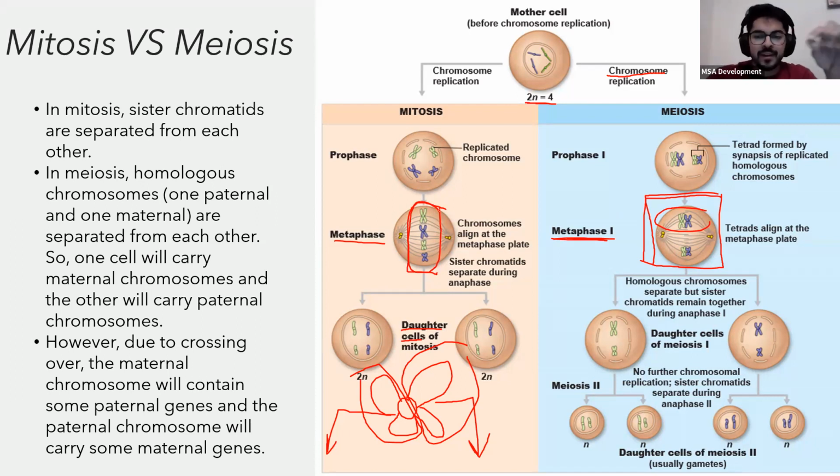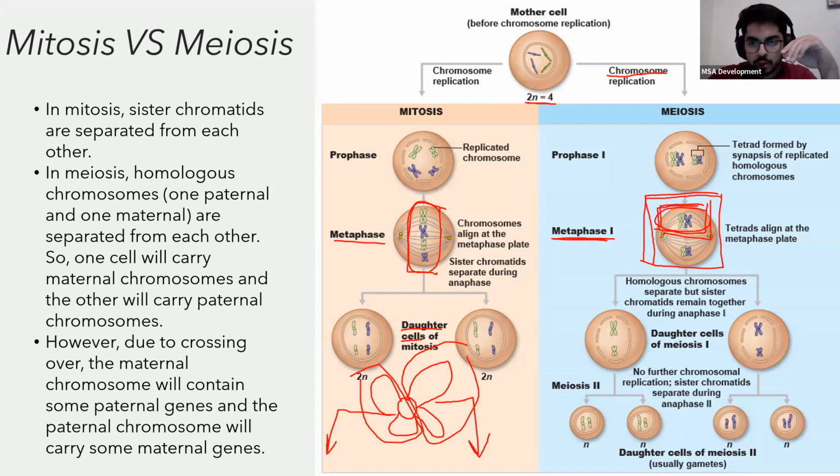In mitosis, each chromosome is aligned individually so that when the cell divides, sister chromatids are separated from each other. However, in meiosis 1, the chromosomes are aligned in pairs, in homologous pairs, which means that one chromosome is from the father and one chromosome is from the mother, okay? The way they are aligned here is that when the cell divides, these two chromosomes are separated from each other, and each one of the daughter cells gets one total complete chromosome, okay?